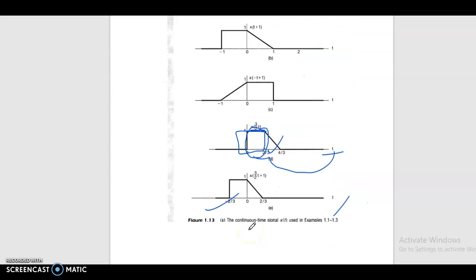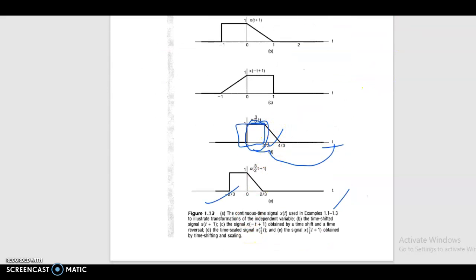Likewise in figure d, after 4/3, that is t greater than 4/3, x of 3/2 t is 0 after that.